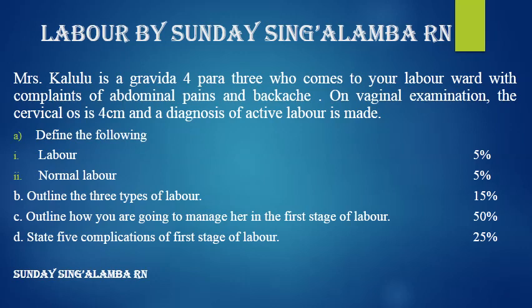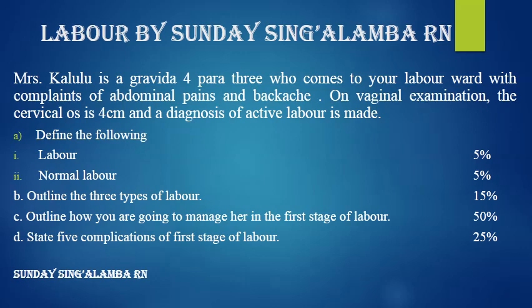Talk about observations. Under observations, we manage the woman in her first stage of labor through use of a partograph, just like I mentioned. This is the stage where we open a partograph.